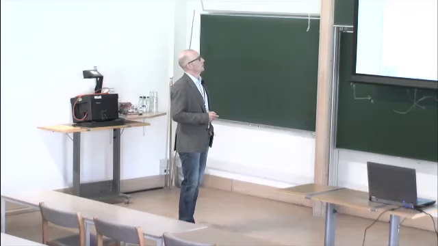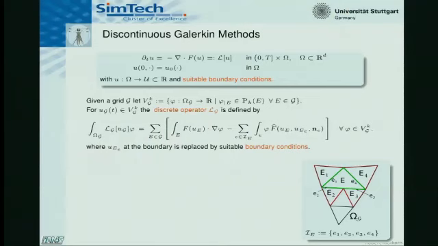So the DG method on one slide here. If we come back to the Euler equations where we just have this convective flux here, then the DG method is really easy to derive. You choose your discrete space, which is just consisting of piecewise polynomials on each element of your discretization grid, which is G here.